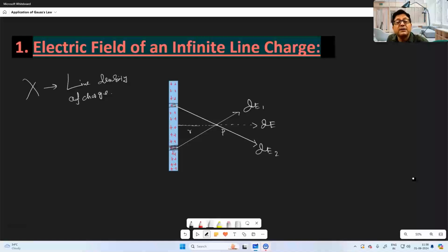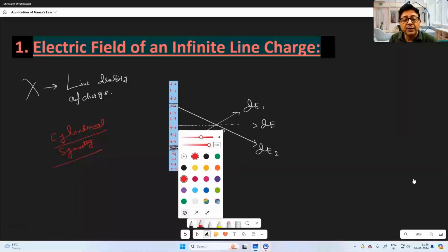Now, how to find the strength of electric field at the point P at a distance R from the charge thread? This we are going to discuss. I told you, if you find symmetry, what symmetry is there? It depends on distance. It is proportional to 1 by R. So there will be cylindrical symmetry. If the strength of electric field is inversely proportional to R, then cylindrical symmetry is there.